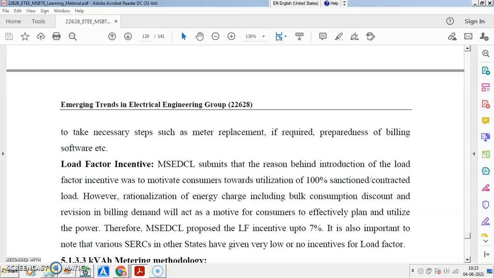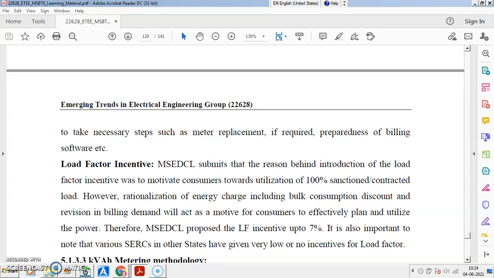Means what happens if you are utilizing less energy than you have contracted. Do you understand what I am saying? Load factor is 50%: if you have given a demand of 100 kVA and you are using 45 kVA, this is 45% utilization. So this will increase the burden over the system. So there is a load factor based incentive up to 7%.